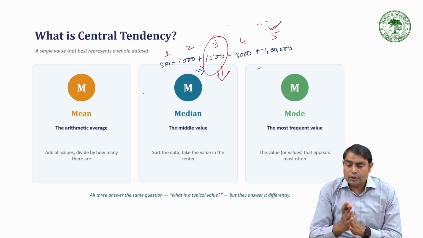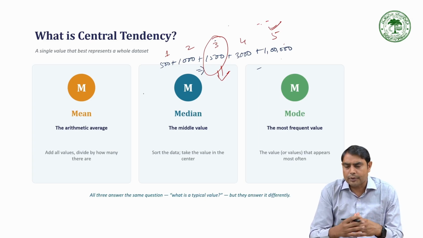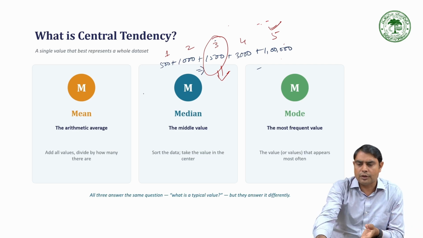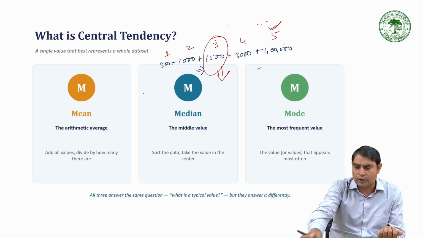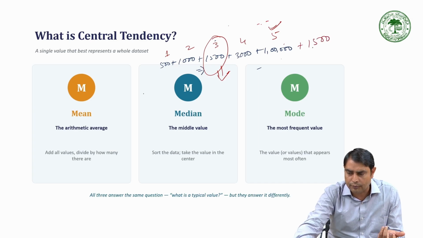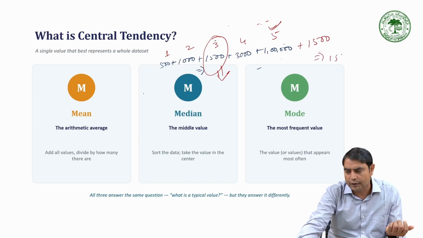Then coming to the mode. Mode again is suitable for this type of problem, because now I'm concerned about repetition. So there is no repetition, and I can say no mode is there. But if I have one more student offering 15, having a pocket money of 1500, then I can say my mode is 1500.